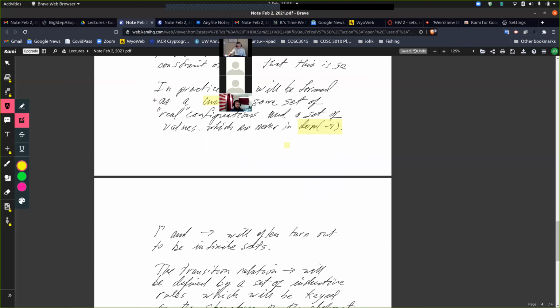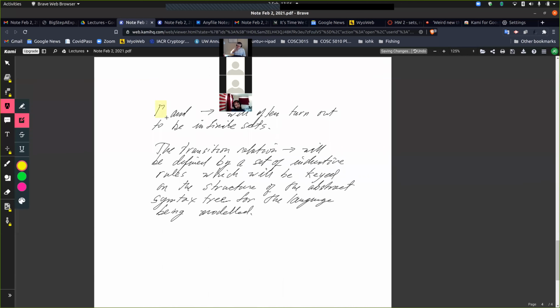And it turns out that it's often the case that the set of configurations and the arrow relation will be infinite sets. So once you have an infinite thing, we need to have some finite way to write it down.